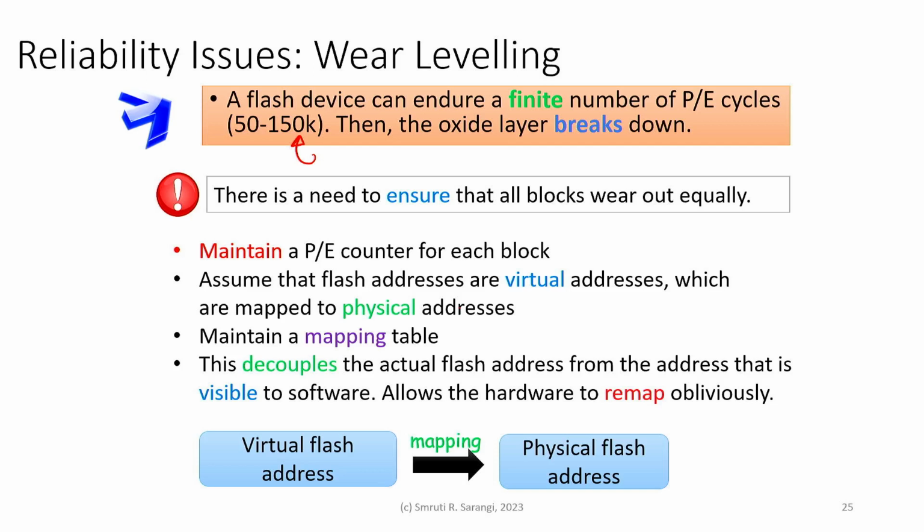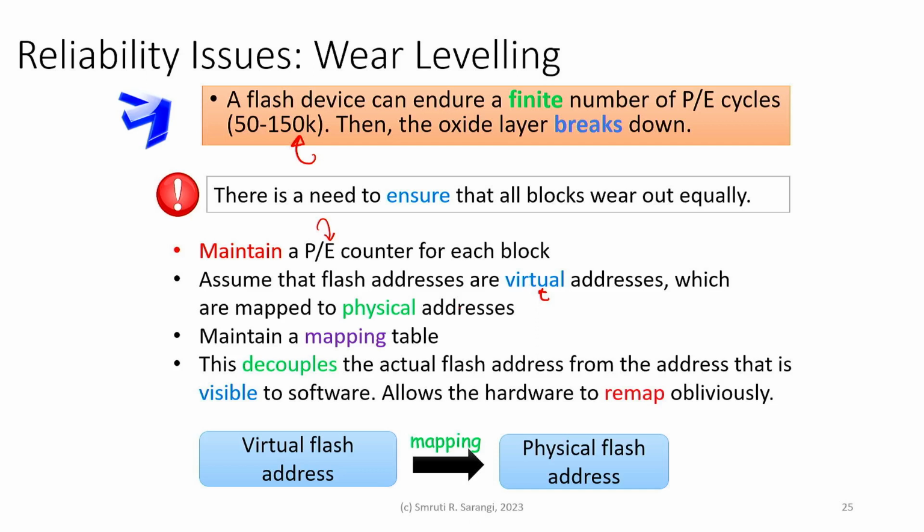So how do you make a bad situation slightly less bad? You maintain a program erase counter for each block. You virtualize the addresses: you assume that the flash addresses are virtual addresses which are mapped to physical flash addresses. They are not virtual and physical in our regular TLB page table sense, but you get the idea.